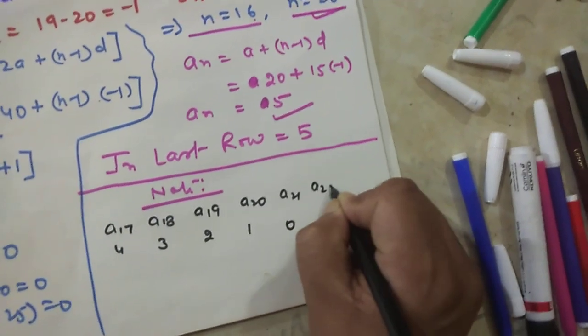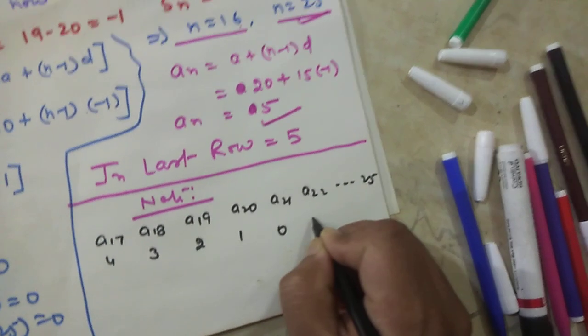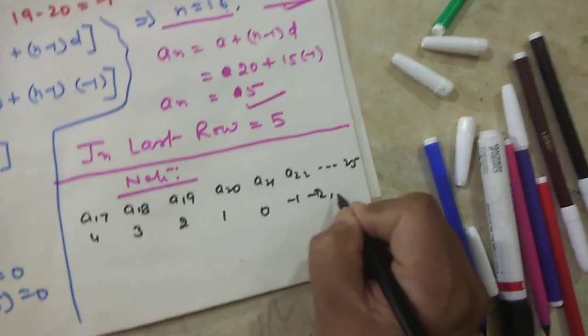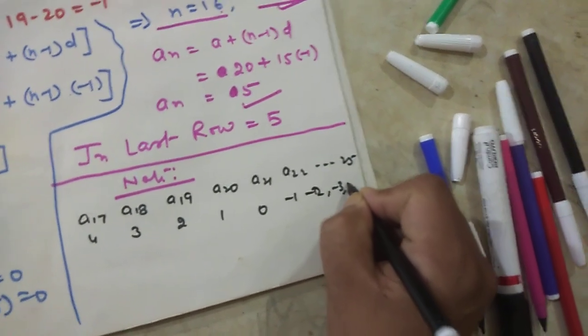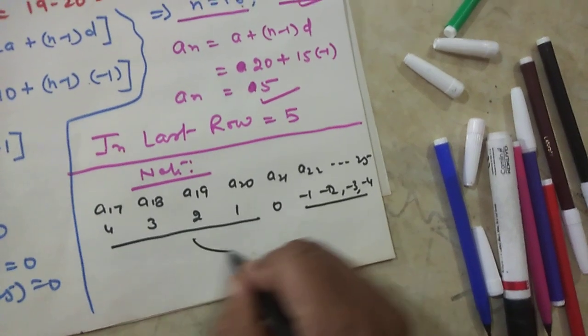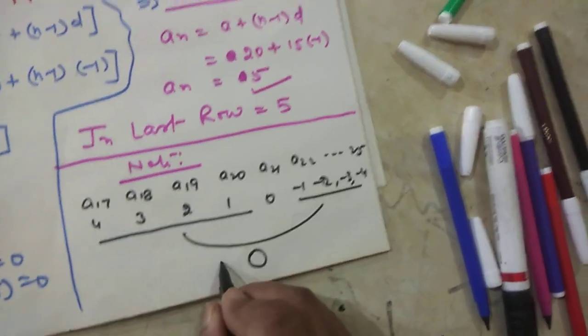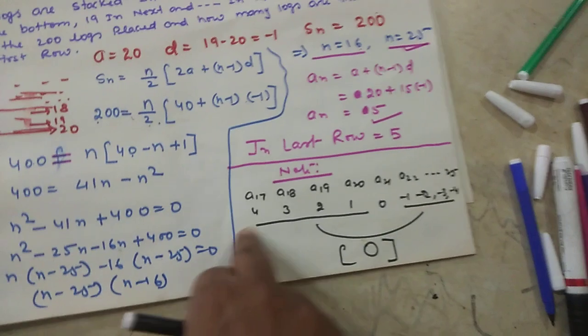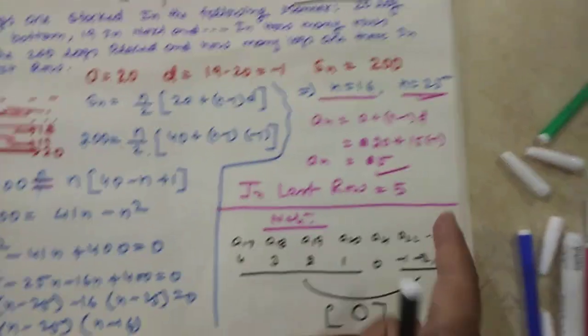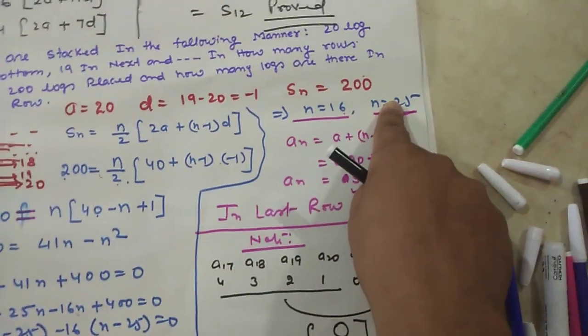And then 22 to 25: minus 1, that is minus 2, minus 3, minus 4. Now you check that these sums give you total 0. So in the answer you have to write this note, or in the rough part, so the teacher understands you know the concept of why you have not chosen n equal to 25.